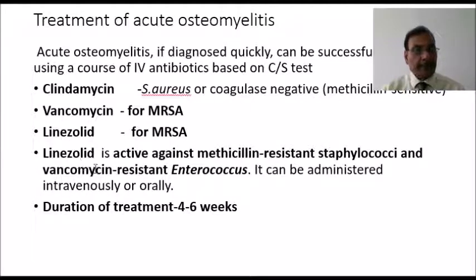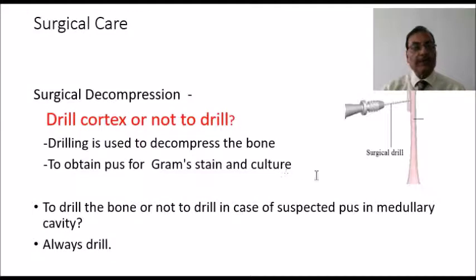Remember, linezolid has some special activity. It is active against methicillin-resistant staphylococci and vancomycin-resistant enterococcus as well. So if you find that the organism is an enterococcus which has become resistant to vancomycin, better to start linezolid. And the duration of treatment is 4 to 6 weeks.